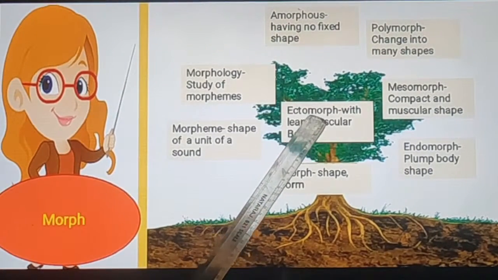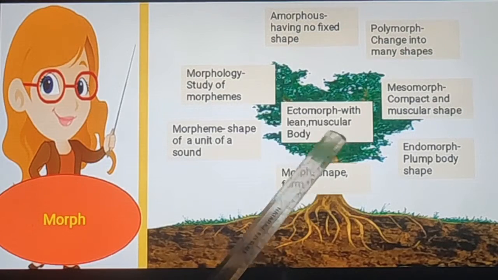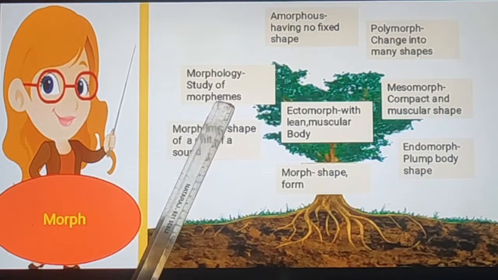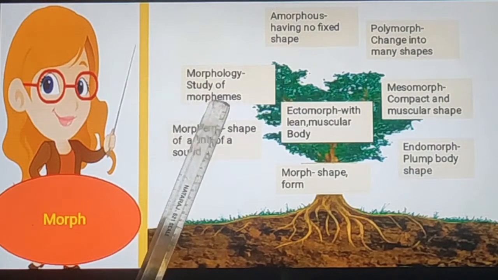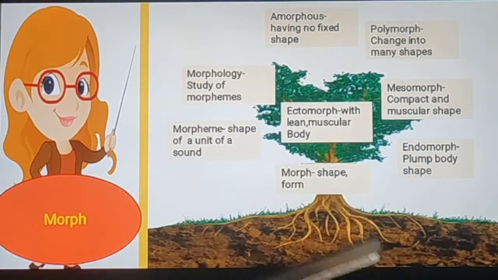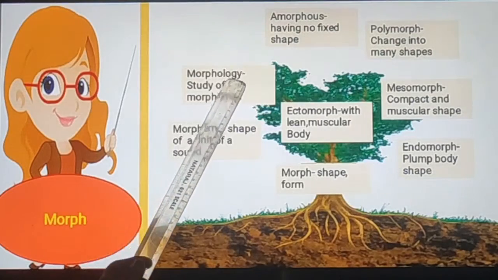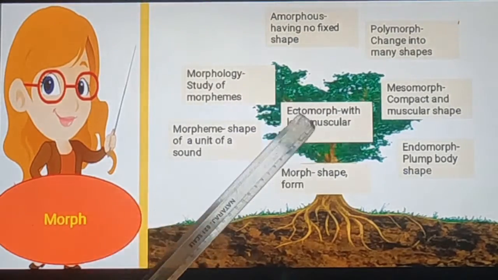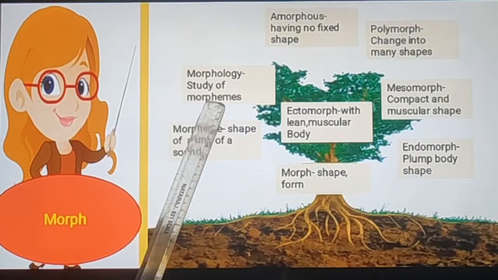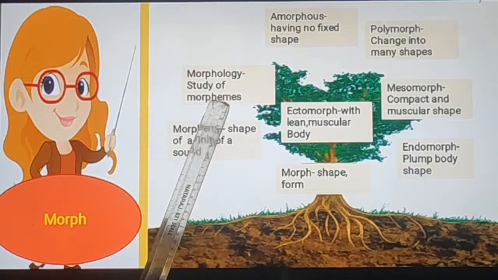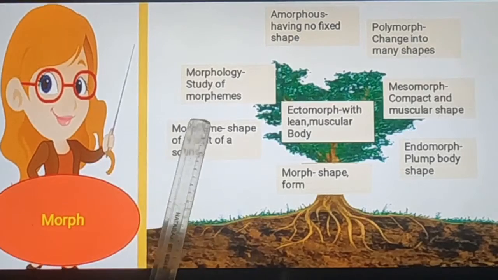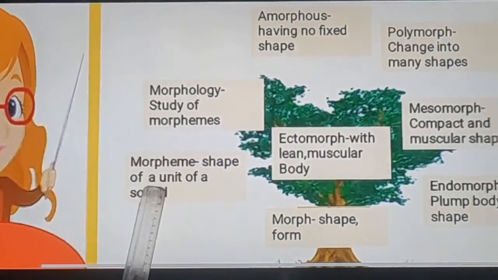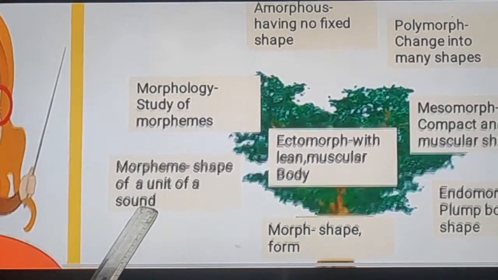Next, morphology means study of morphemes. Already I said ology means study. Morpheme means shape of a unit of sound.